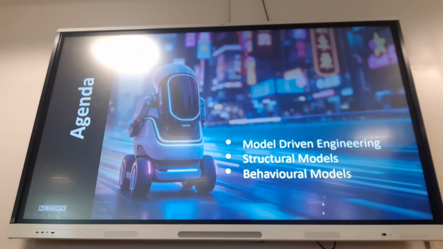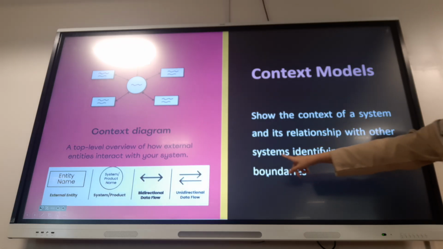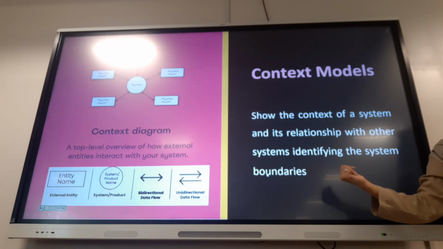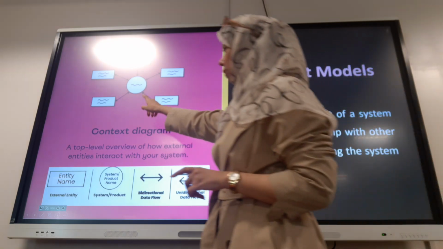So if I told you that the context model mostly shows the relation between your system and other systems, identifying the boundaries of your system, can you tell if this is structural or behavioral? That's behavioral. Excellent. The way it looks is so similar to what you see here on top left.